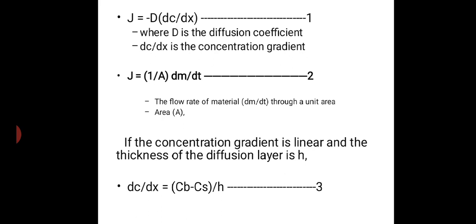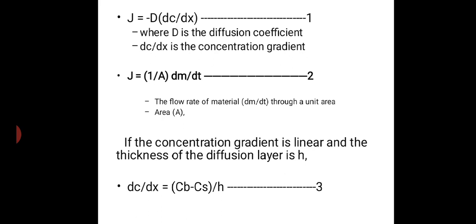Instead of considering dC by dx as the concentration gradient, we can also have dM by dt, considering the flow rate of the material, that is the change in material with respect to change in time, dM by dt.